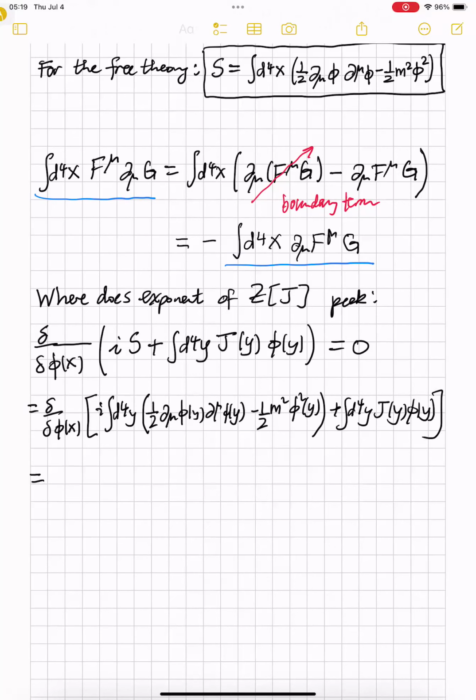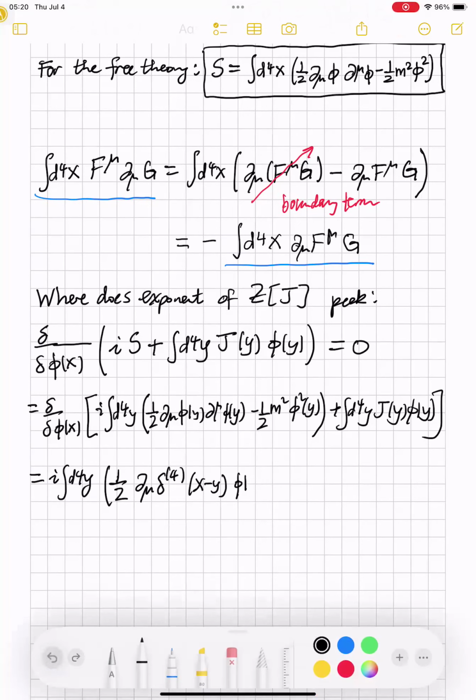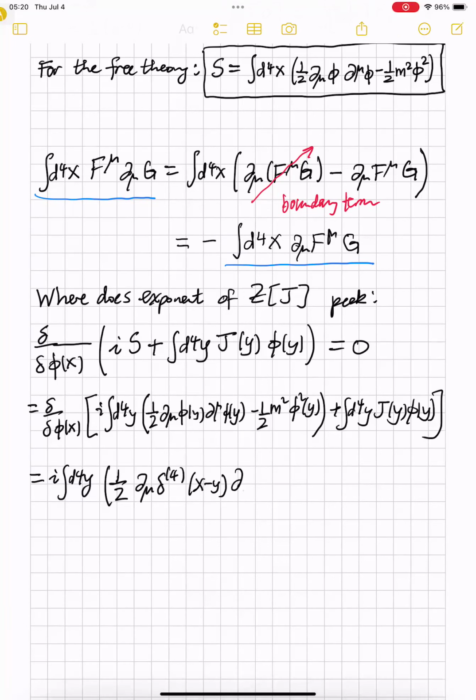Let's just evaluate it. So we'll have i integral d4y. Now we can hit this first φ field. So we'll have a ∂_μ, and then we'll have a 4-dimensional delta of x minus y. There's the second φ(y). Oh, sorry, that second φ(y) is different. We've got the derivative of it, so we should have a ∂^μ φ(y).